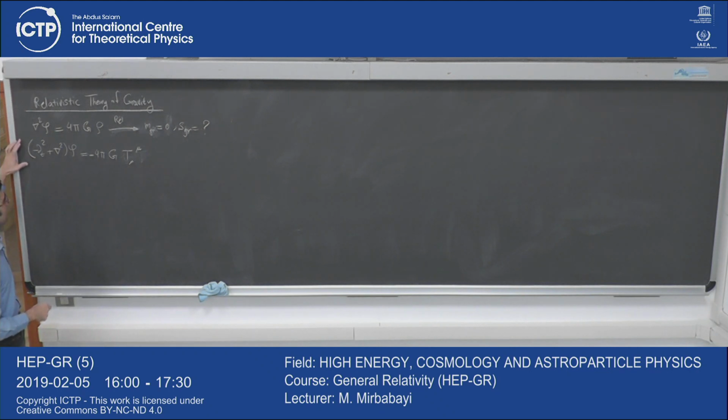So to be very specific, if you imagine adding a mass term to this equation, some m graviton squared times phi, and imagine you put a point source here, so there is no time dependence.